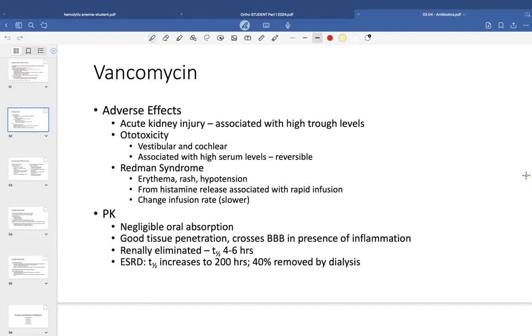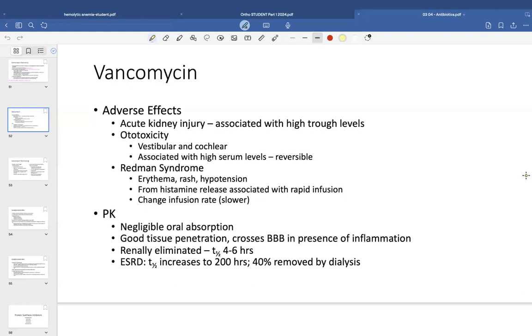I think ototoxicity can be one of two things. Vestibular, which is your ear, it helps regulate your balance and your perception of space. And then cochlear damage to the ear, of course, is responsible for hearing. Ototoxicity can be one or both of those presentations. With vancomycin, again, it's associated with high serum levels, but it can be reversible.